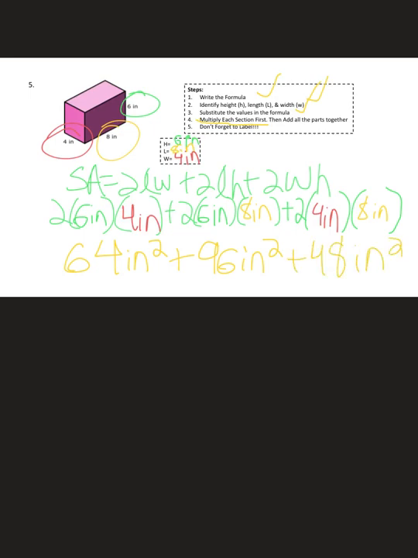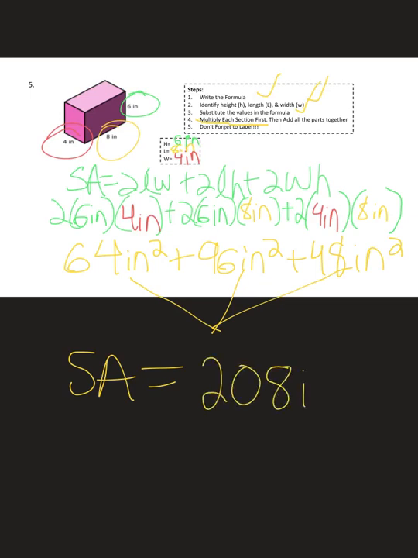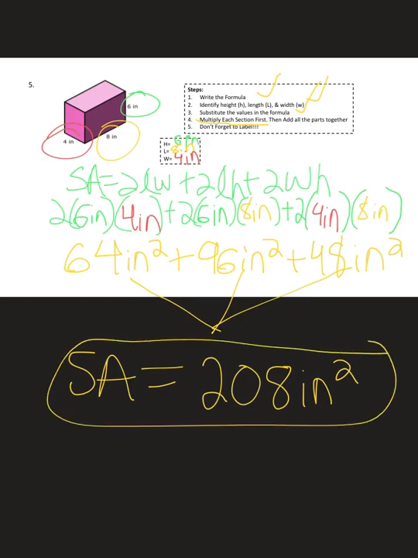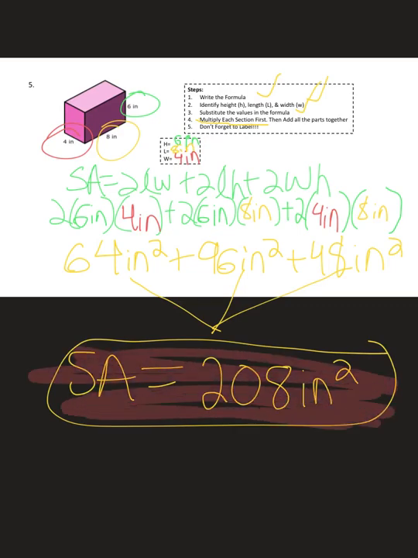And then we need to add all of the parts together. If you plug that into your calculator, the surface area should give you a total of 208 inches squared. So our final answer is that the surface area of this rectangular prism would be 208 inches squared.